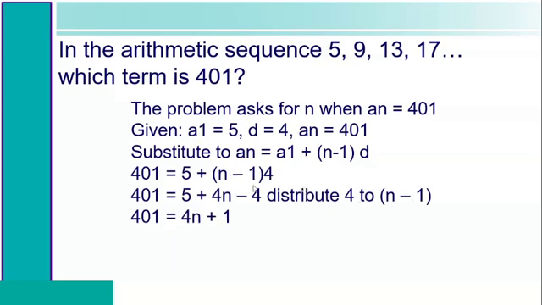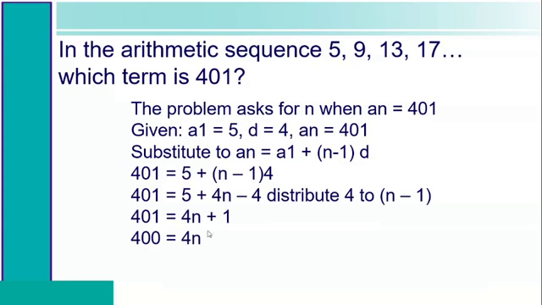That will now lead us to 4 times n is equal to 4n, and 4 times 1 is equal to 4, or that is now 4n minus 4. Now if we simplify this, that will be 5 minus 4. So 5 minus 4 is equal to positive 1. That will now lead us to 401 is equal to 4n plus 1.